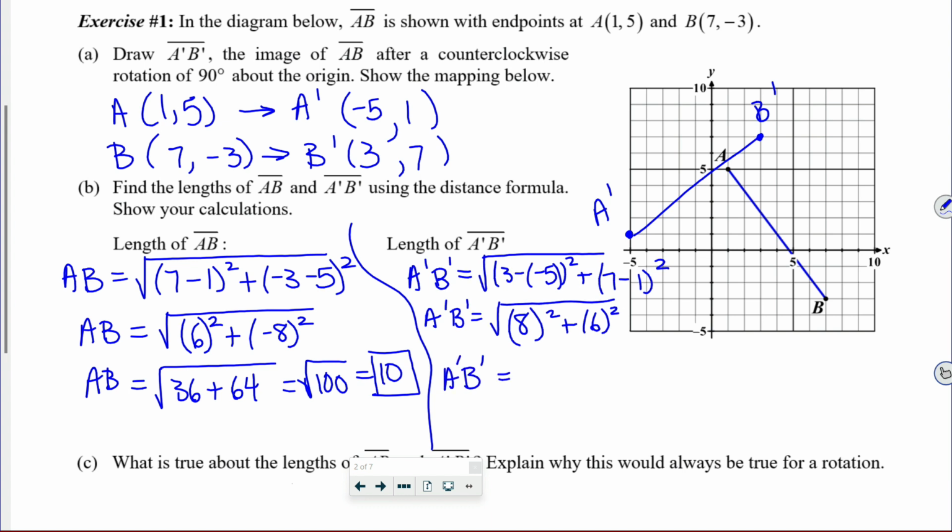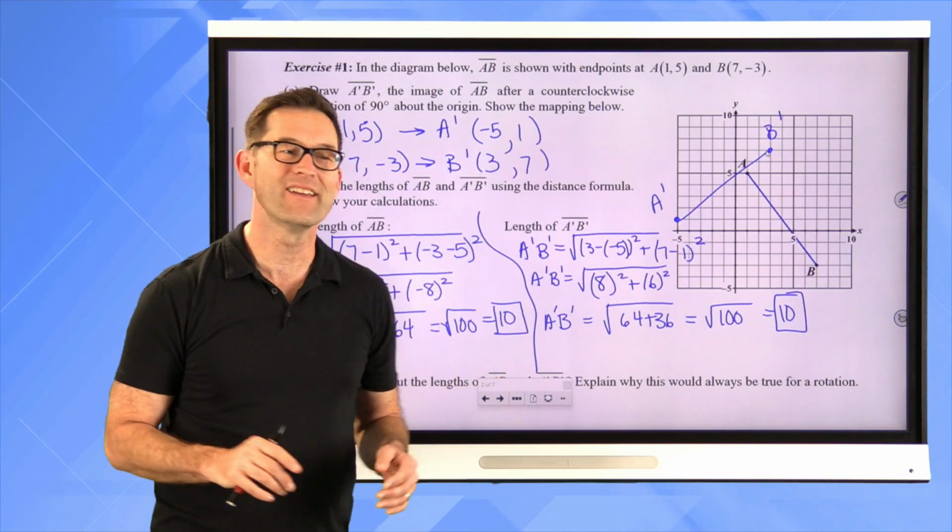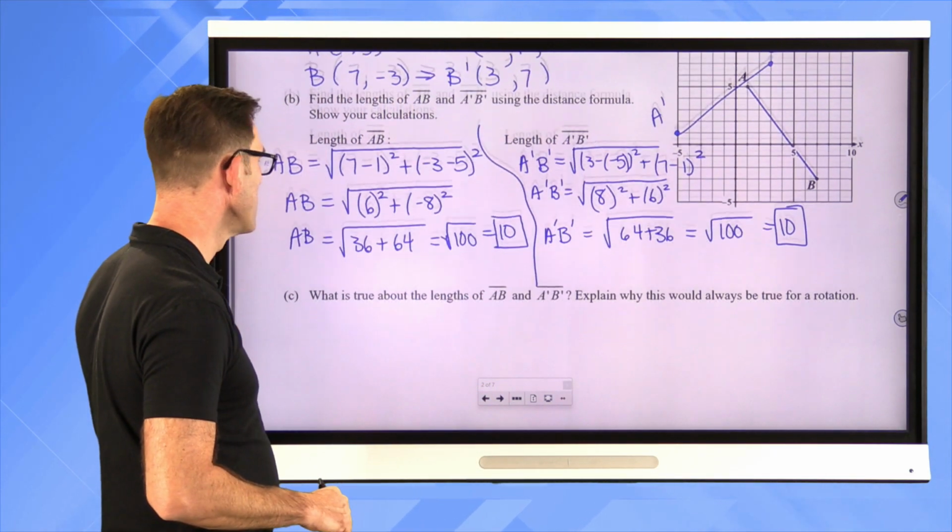A'B' equals the square root of 64 plus 36, which is the square root of 100, which is also 10. My, oh my. Shocking, right? Actually, not so shocking.